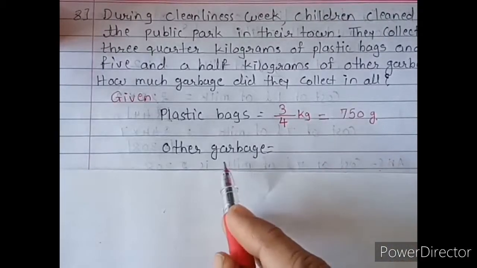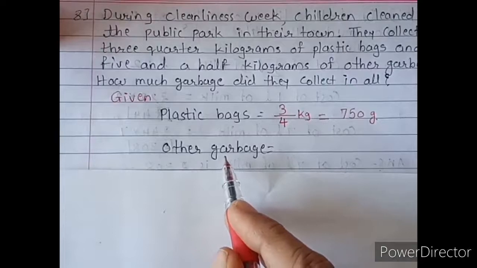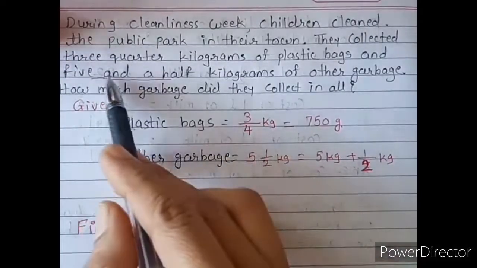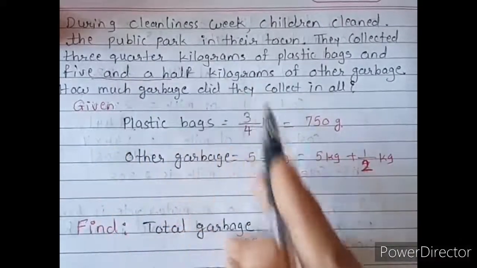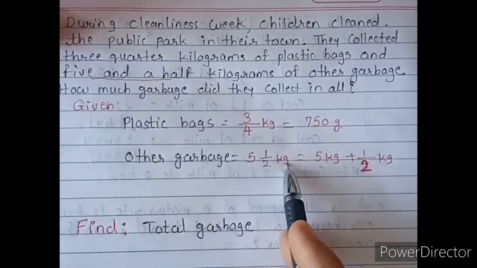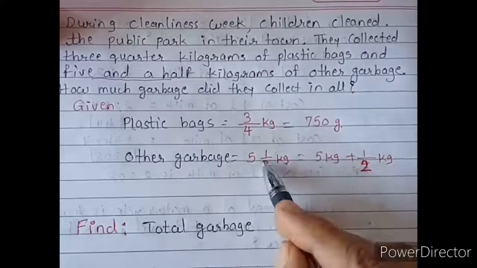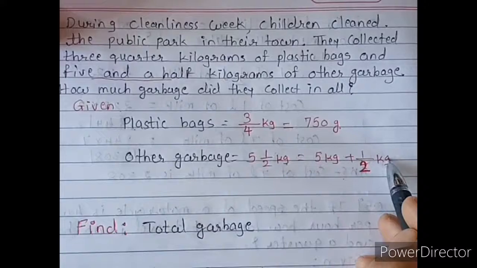Now how much other garbage have they collected? Other garbage is given as 5.5 kilograms. It means 5.5 kg. It is written as 5 kg plus half kg.